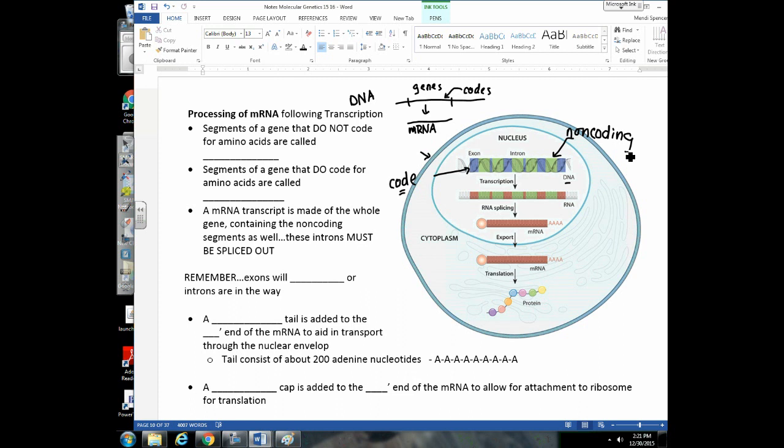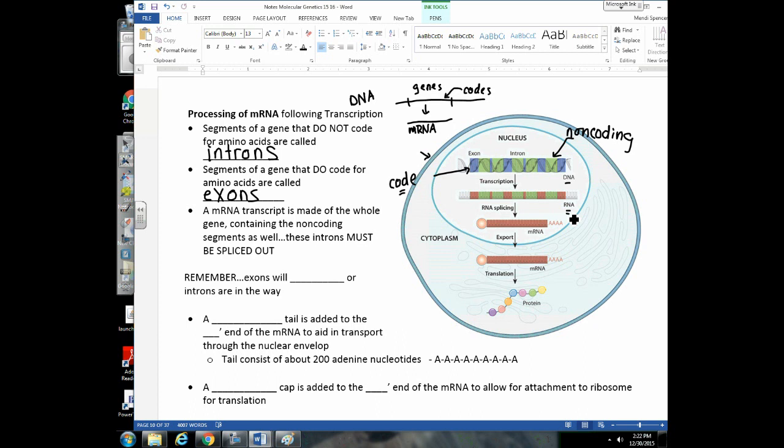Now, these segments that do not code for amino acids, these non-coding parts of the gene, are called the introns. The parts that do code for the amino acids of the protein are called the exons. And when we make the mRNA off of this gene, we copy both the introns and the exons, even though the introns do not code for amino acids in the protein.